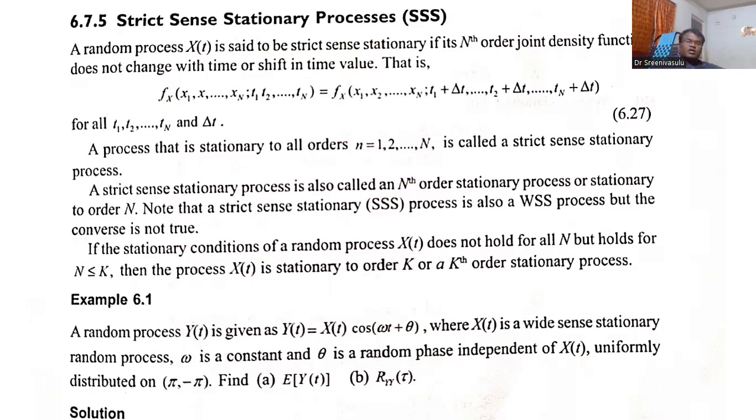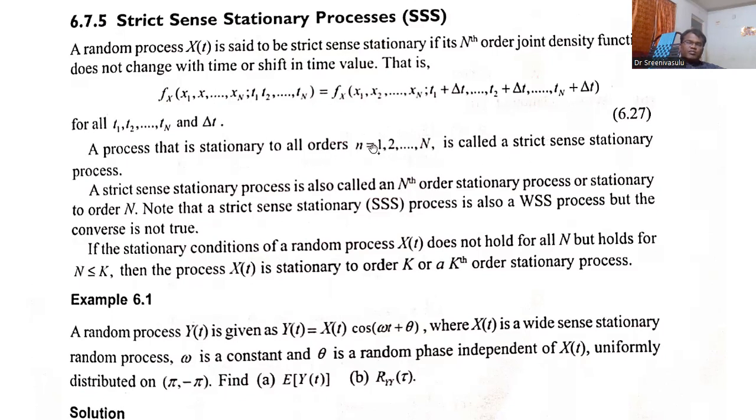Now if you observe here, fX of x1, x2 and so on up to xn, where x1 corresponds to time t1, x2 corresponds to time t2, is equal to the same function at t1 plus delta t, t2 plus delta t, t3 plus delta t, and so on.